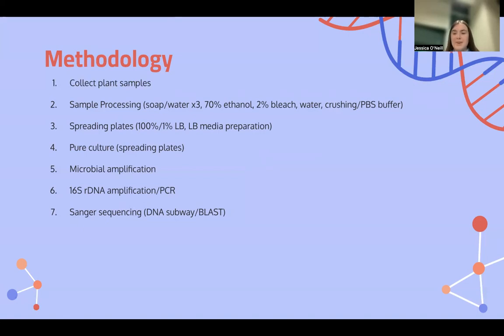Once these pure cultures had been allowed to culture for a couple of days, we did microbial amplification in order to do PCR, or polymerase chain reaction. We needed to do this in order to amplify the DNA that was present from the different samples. When we amplified the DNA through PCR, we were looking for the 16S ribosomal DNA.